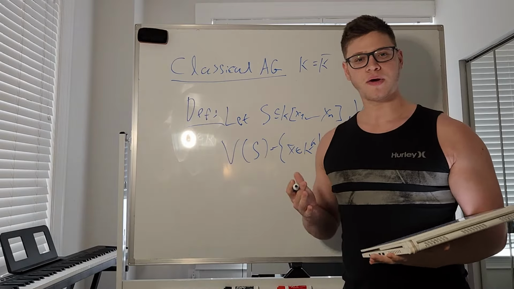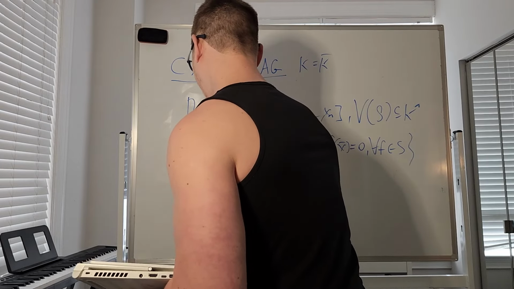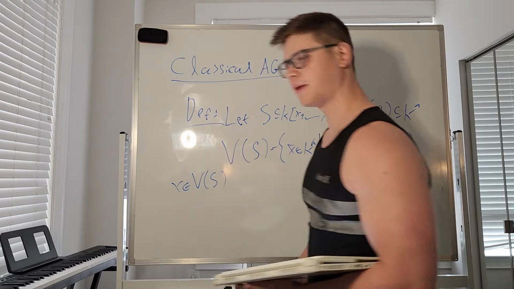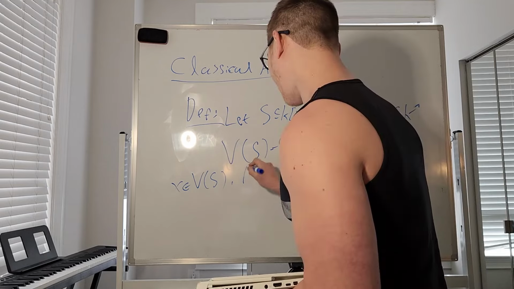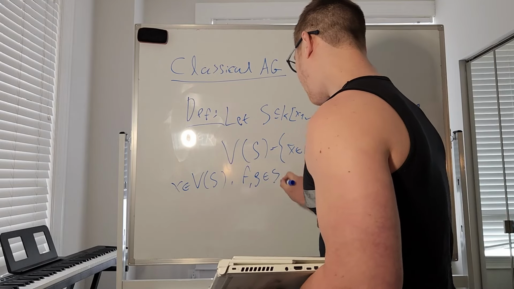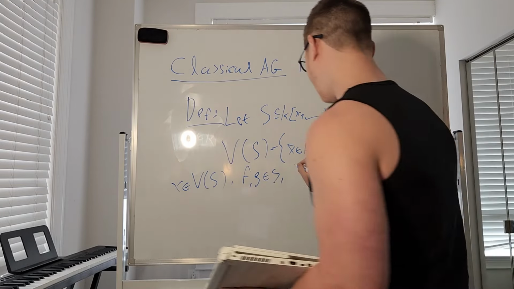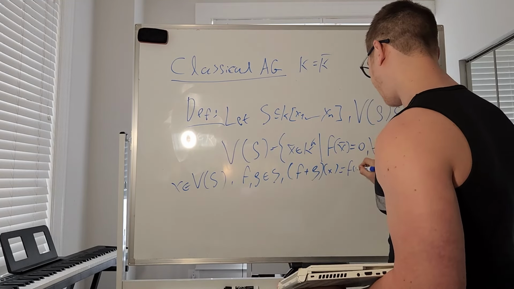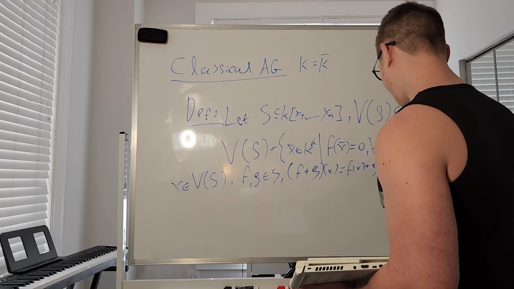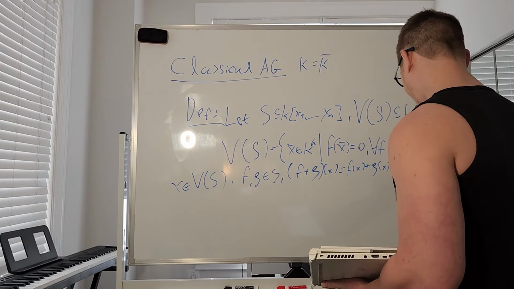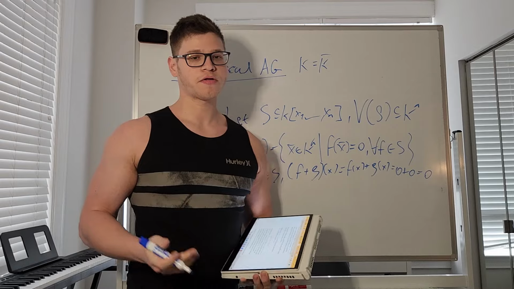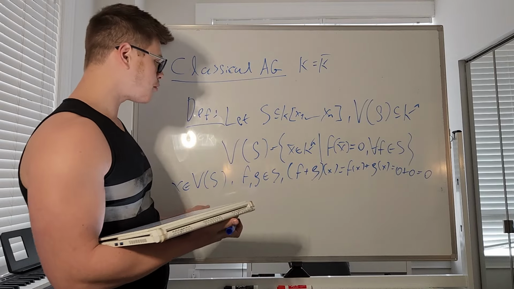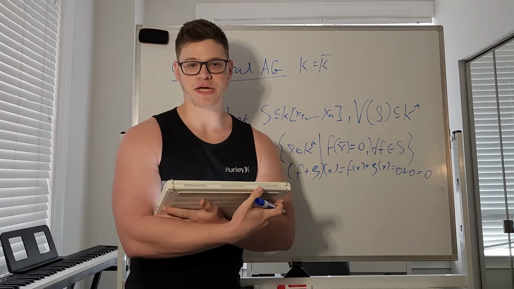Now note that for a point in V(S), we have that if f and g are in S, then their sum, (f + g)(x), that is just f(x) + g(x), that is 0 + 0, which is 0. So that means that x is also a zero of f + g.